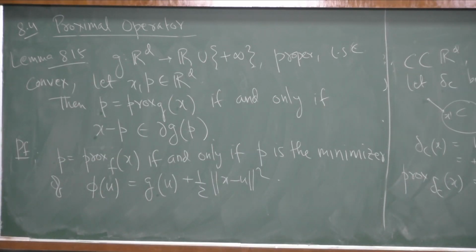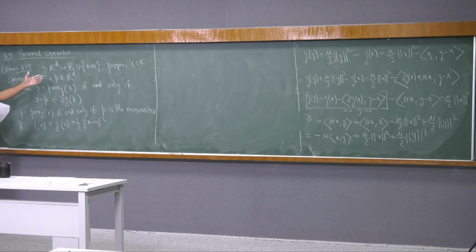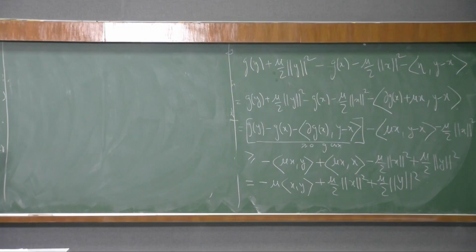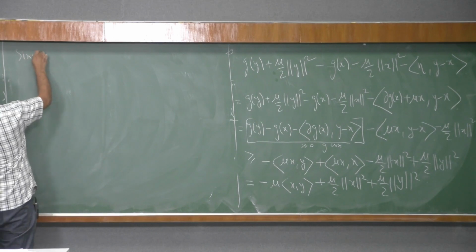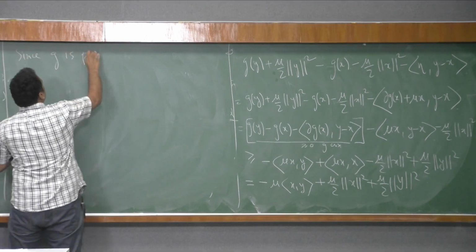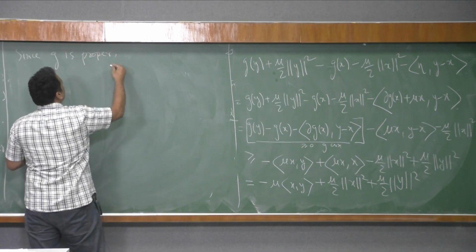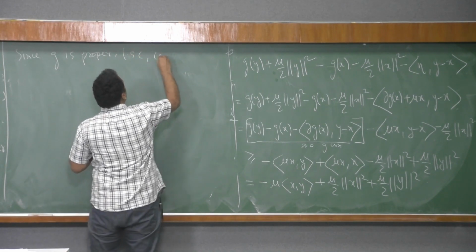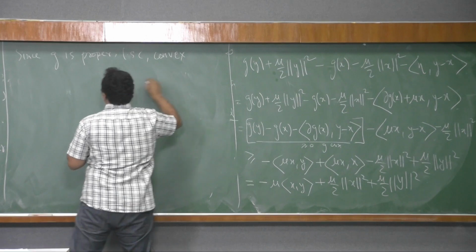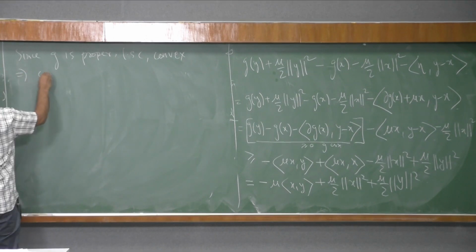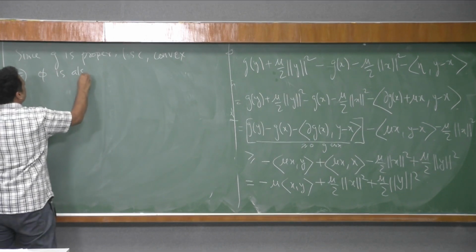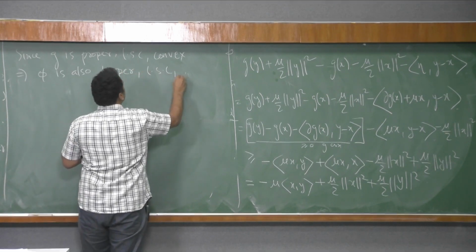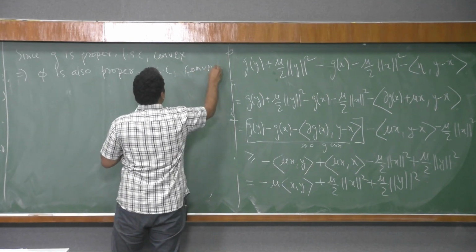So since g is proper LSC convex, phi is also that. Okay, so since g is proper LSC convex, this implies phi is also proper LSC convex.